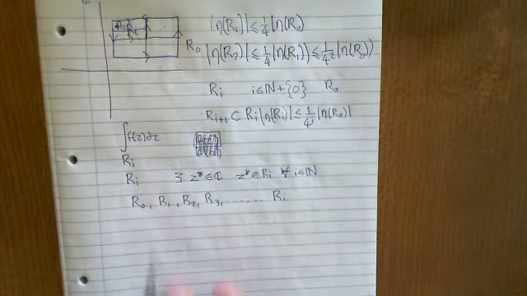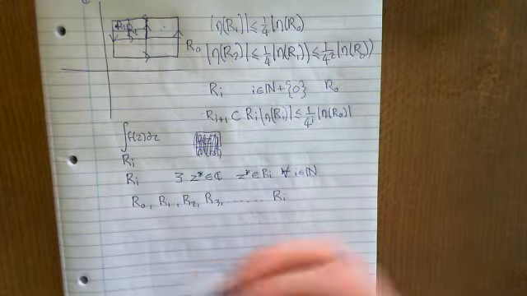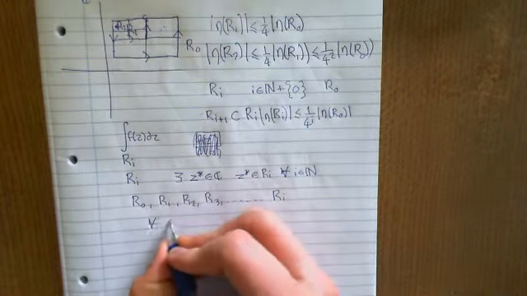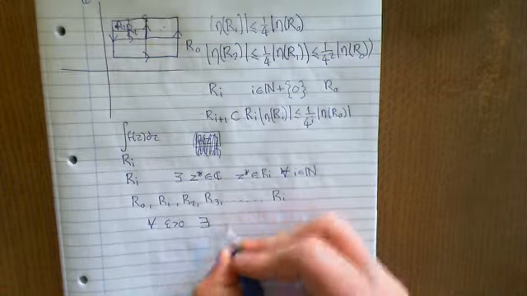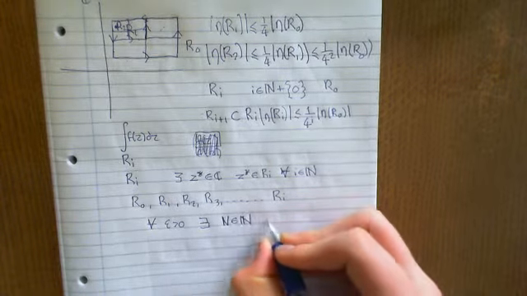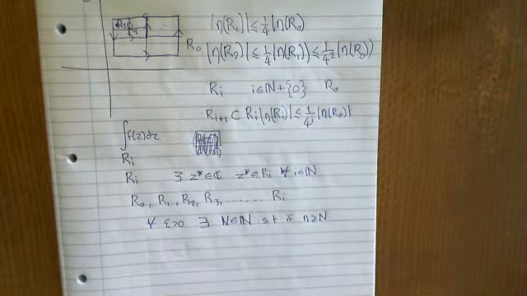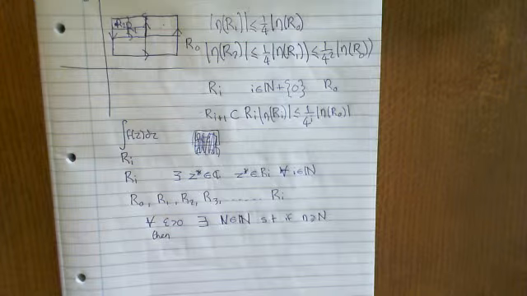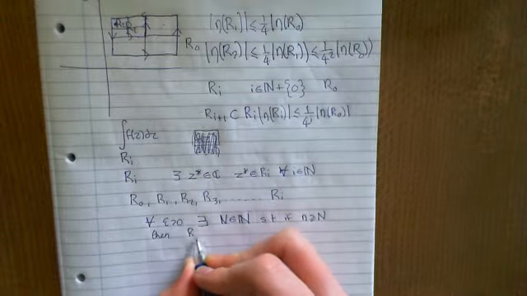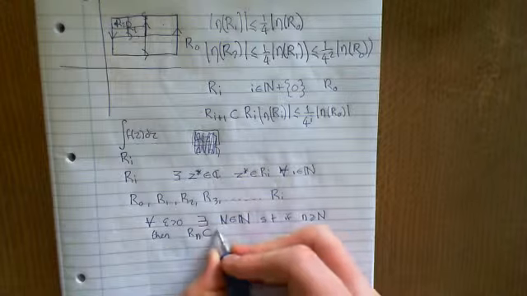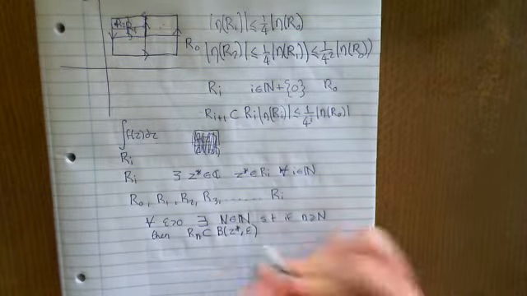And the definition of convergence for these nested sets to converge to a point would mean that for all epsilon greater than 0, there exists, let's call it big N, which is an element of the natural numbers, such that if little n is greater than or equal to big N, then Rn is contained within the open ball around Z star of modulus epsilon.